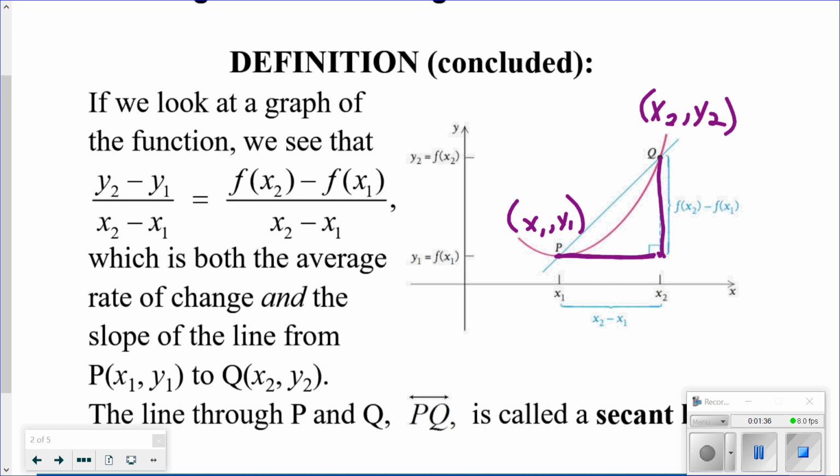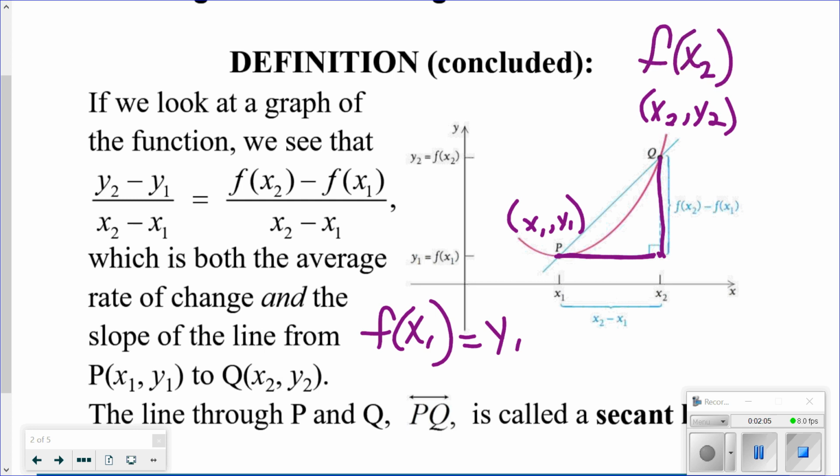Okay, we could relabel these. If we wanted to use function notation instead, another way to say y1 is f of x1, which means that is the output when we plug x1 into our function. So f of x1 is the same as y1. And if I wanted to do the same for y2, I would say f of x2.